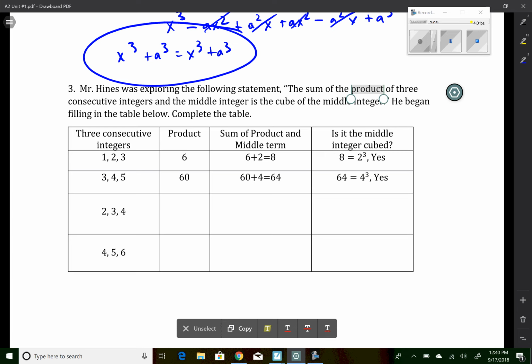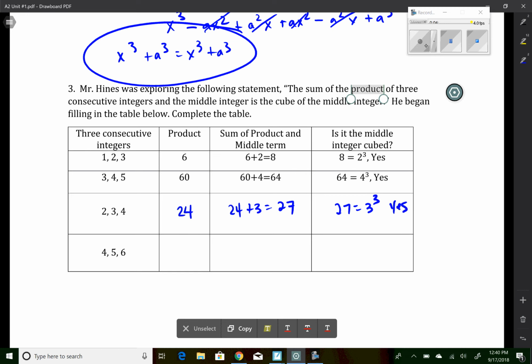So first thing we got to do here is multiply them out. So we have 2 times 3 times 4. Well, that's going to wind up being 24. The sum of the product and the middle term, well, that's going to be 24 plus 3, which is 27. The middle term is 3, so this is a yes.